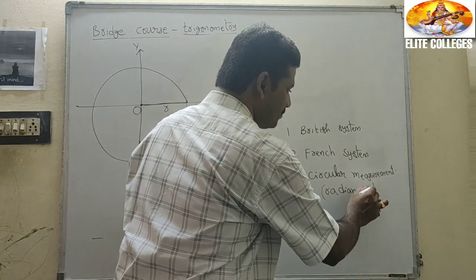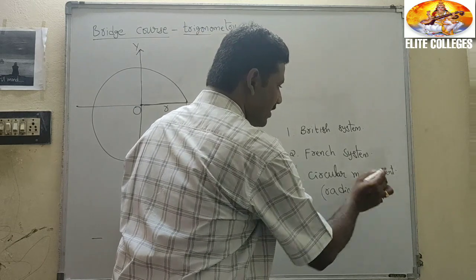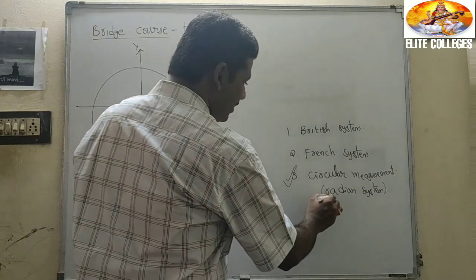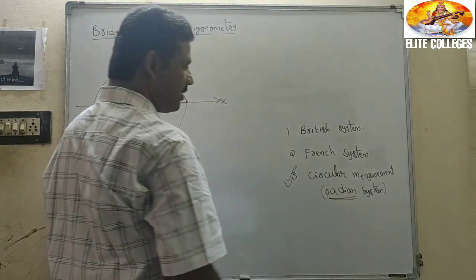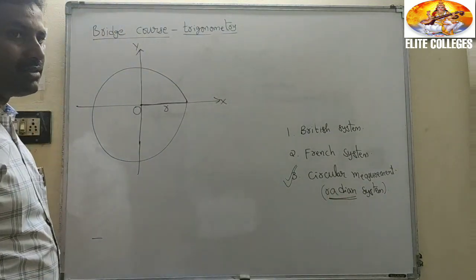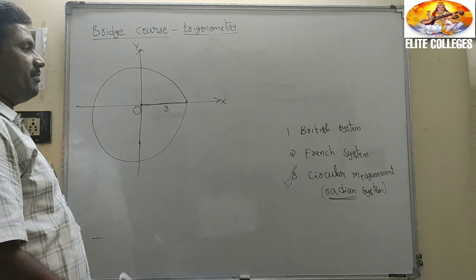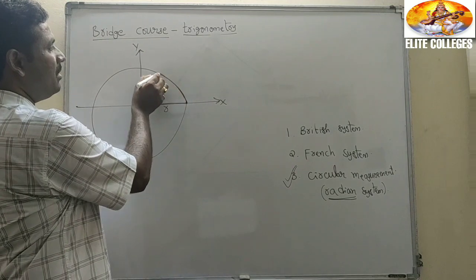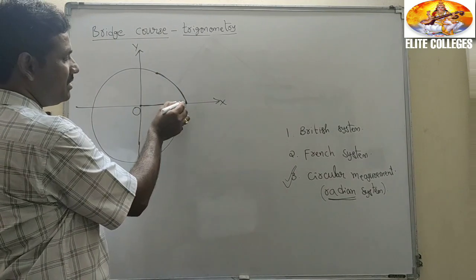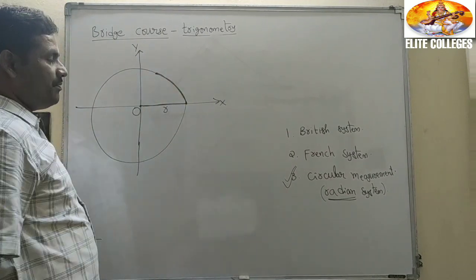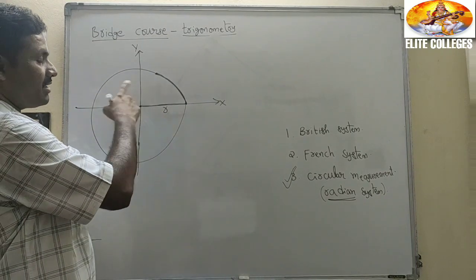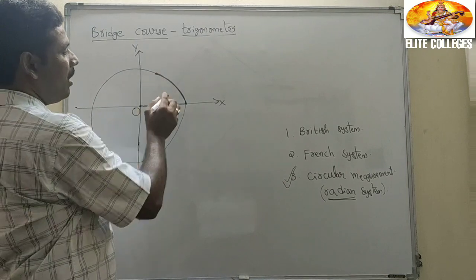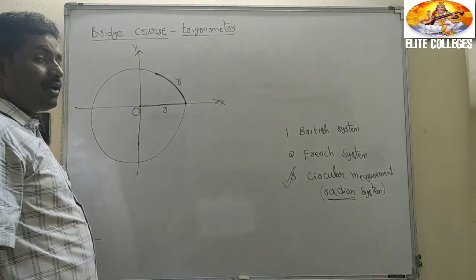First thing, what is a radian? A radian is the amount of angle measured by an arc length. This is a circle of radius r, and this is an arc of length r units.